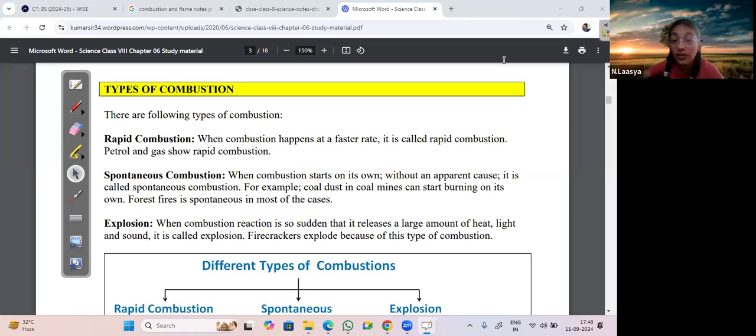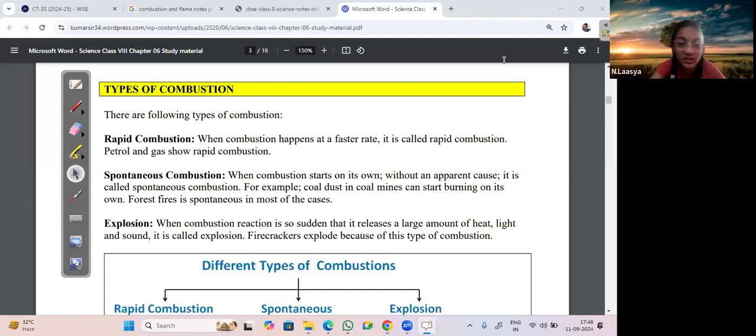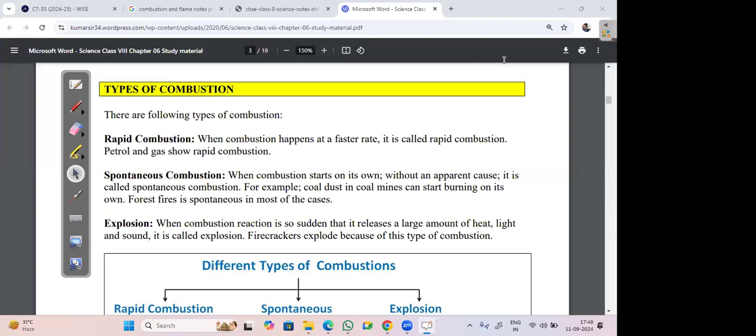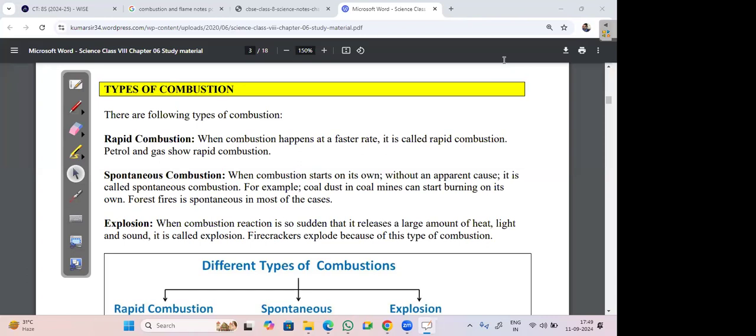Sir, that example you said, in a matchstick, yellow phosphorus is used? Yes, not plastic, matchstick. Okay, sir, for matchstick.